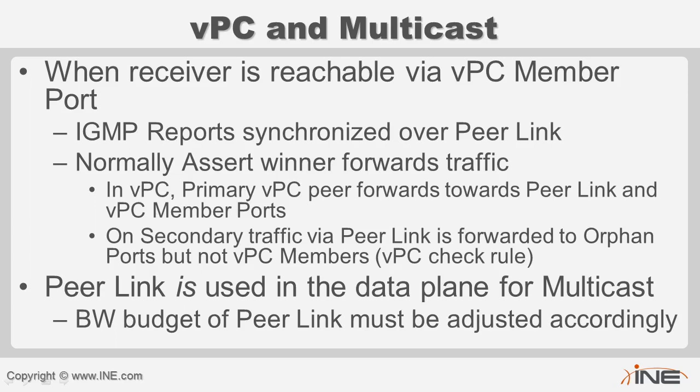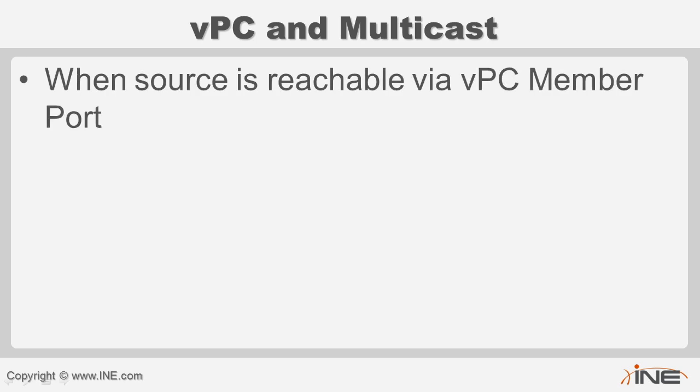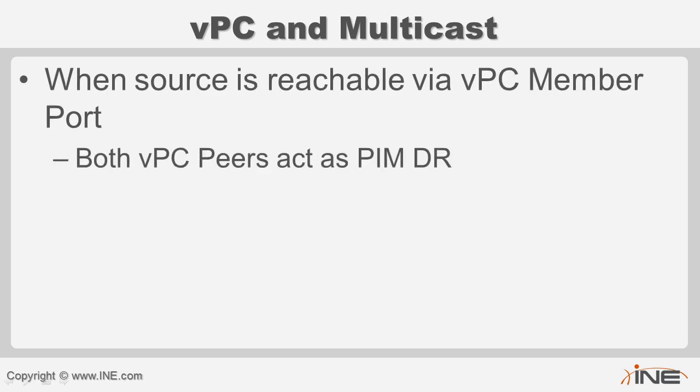Now the next case is going to be when the sender is behind the VPC. Okay, it's actually both cases that we have here because we're doing switching LAN to LAN. But when the sender is reachable via the VPC member, both of the peers are going to be acting as what is known as the PIM designated router.